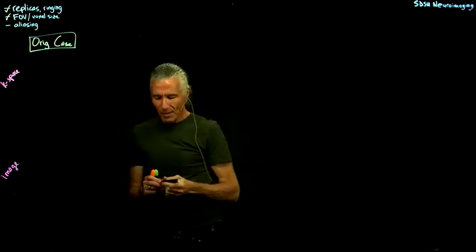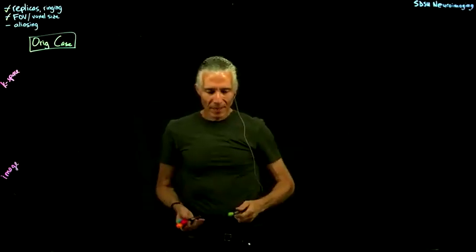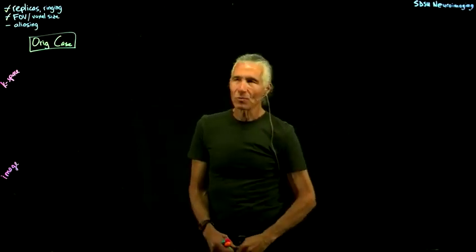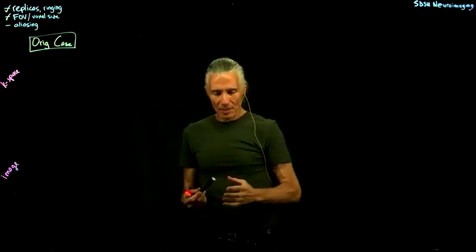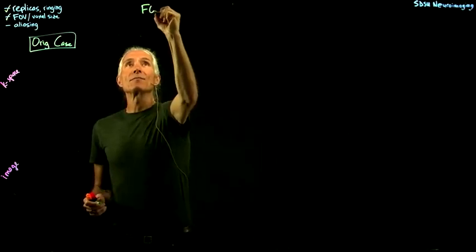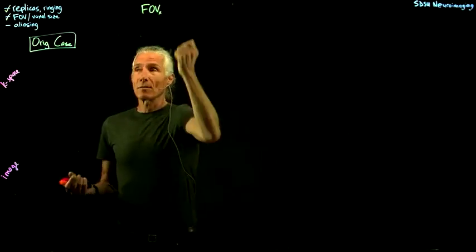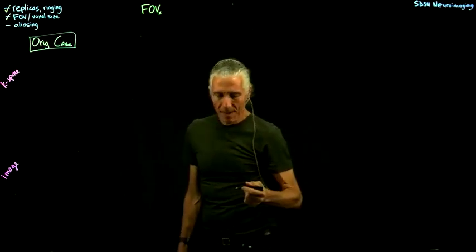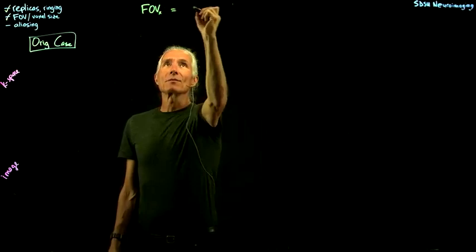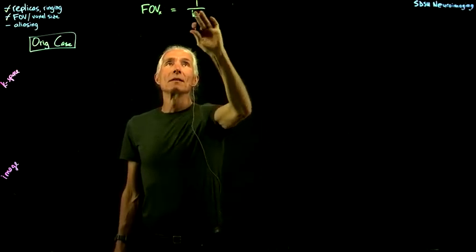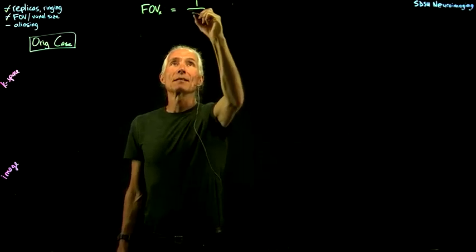So what are the basic equations for the field of view? They're almost too simple. The field of view, say in the x direction, and we have a field of view separately in the y direction, just equals 1 over the K-space sampling interval. That's it. There's almost nothing to it.